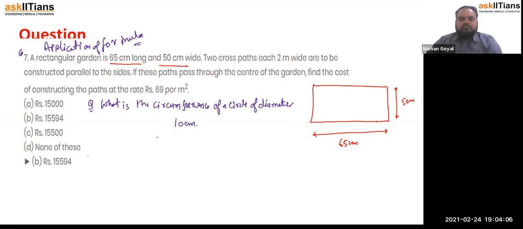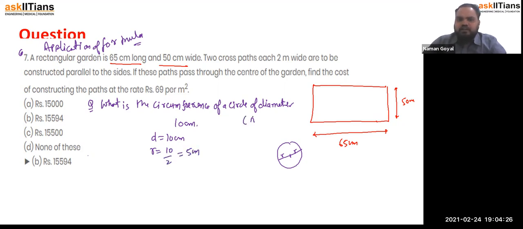Now in this question diameter is given, and we know that radius is half of diameter. See, this whole thing is the diameter, this is r and r plus r is the diameter, so r is d by 2, which is 10 by 2, which is 5 centimeter.